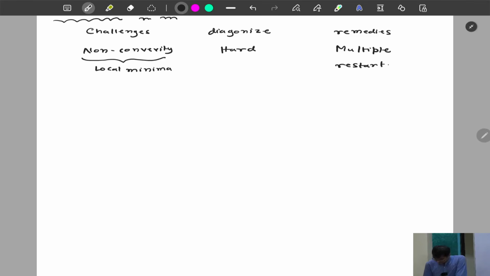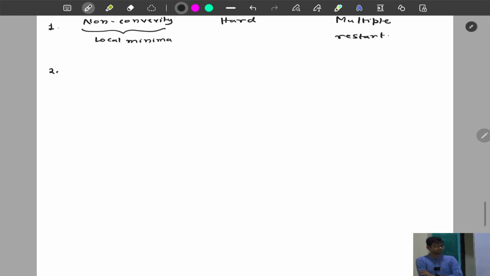Restart. Okay, this is the first one. What is the second challenge we talked about? Initialization is a solution, maybe. What was the problem? The weights are the same.